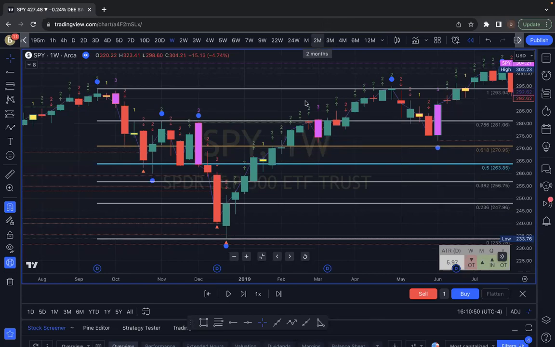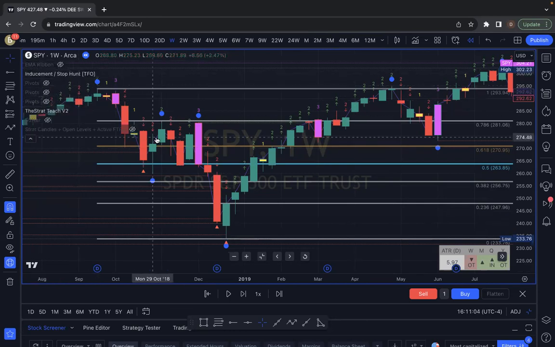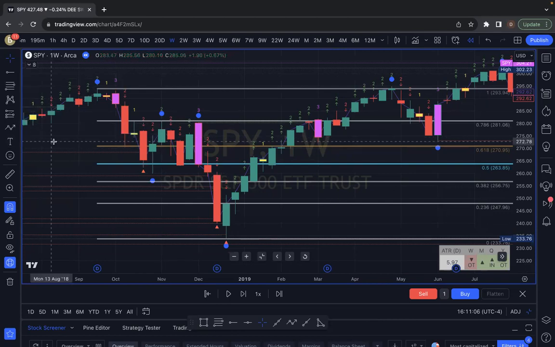Let me check the chat. What is the pivot point indicator? I have it on here. The pivot point indicator pretty much shows where institutions are buying and selling. It shows very algorithmic pivot points, aka support and resistance. That's all it is.